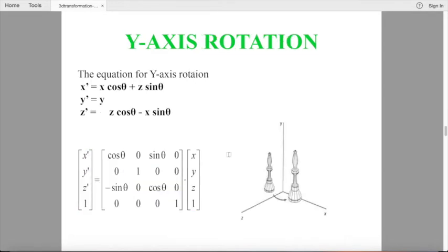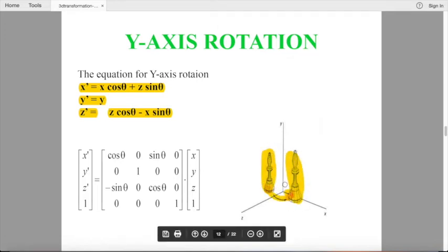The y-axis is kind of the same as the x-axis, but we change the formula into this, and the rotation is on the same path but changes into another one, also using the matrix like this.